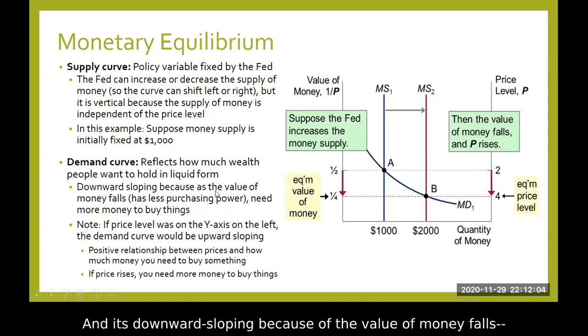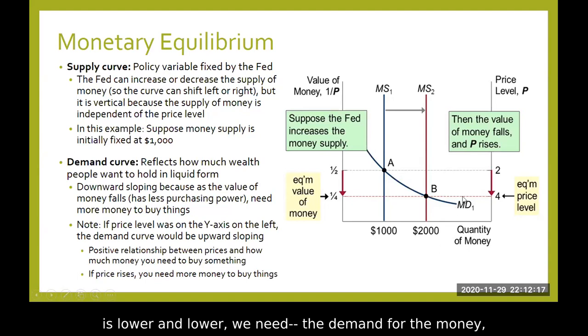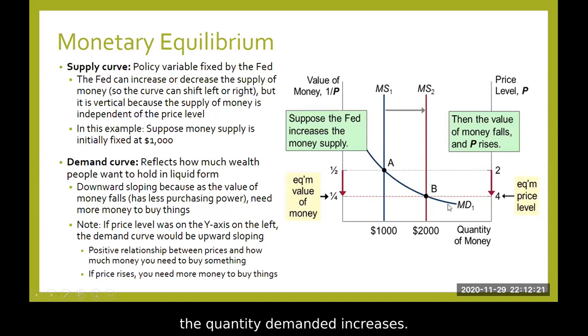It's downward sloping because as the value of money falls, moving across to the right on the x-axis, the quantity of money demanded increases. As we have less and less purchasing power, we need more money to buy things.